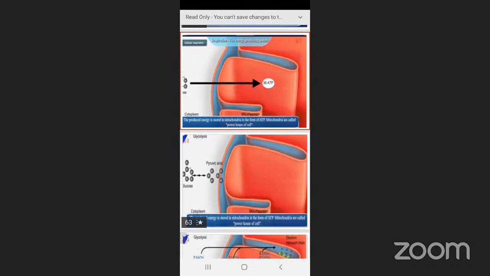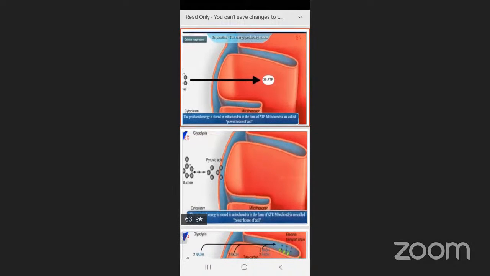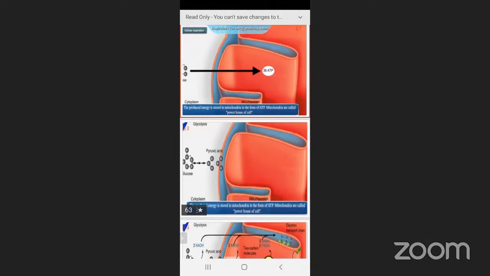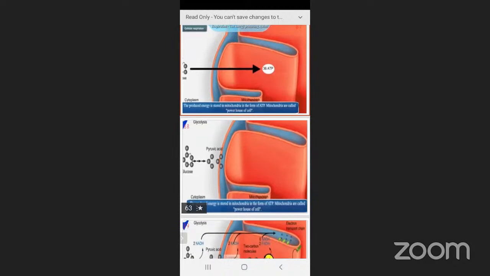Mitochondria are called the powerhouse of the cell because the produced energy is stored in mitochondria in the form of ATP, adenosine triphosphate. See children, please note down, one ATP gives 7,200 calories.